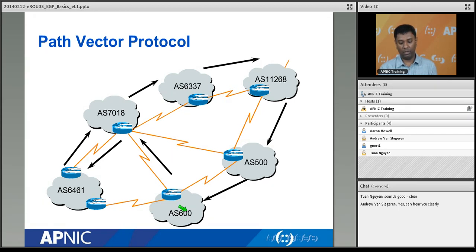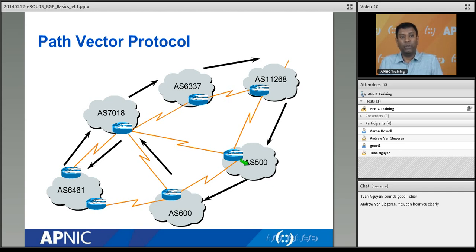Then they are connected to AS 6337, on the other side 500, and then they are connected to AS 11268. And in the middle they are connected to the other AS directly as well.